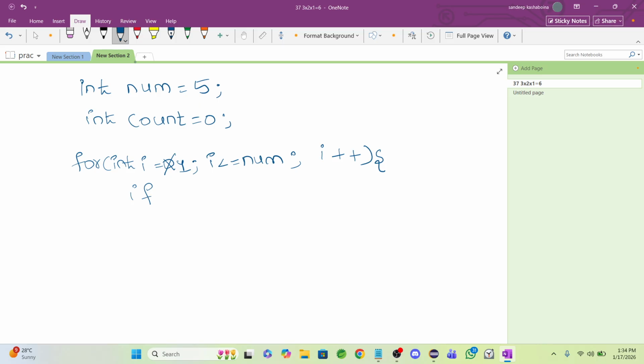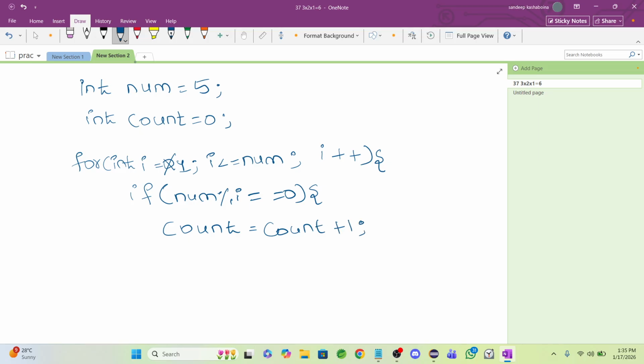If the given number modulo i is double equals to 0, in that case it is divisible, so what we have to do is increment the count. Count is equal to count plus 1.